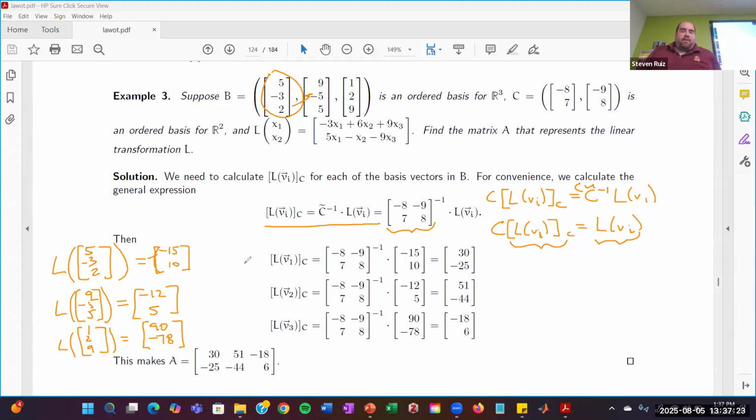So I know how L works on those three basis vectors in this basis B that spans R3. But in what basis are these three things here?